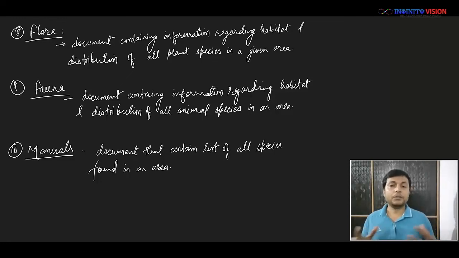We spoke about the different steps of taxonomy, that is identification, classification, and nomenclature. We studied in detail about identification, classification, and nomenclature. We saw different types of classification, different methods of nomenclature, and finally, we studied about the taxonomical aids. So this is all that we had to study in this particular chapter.